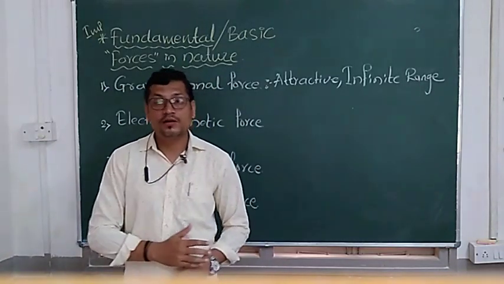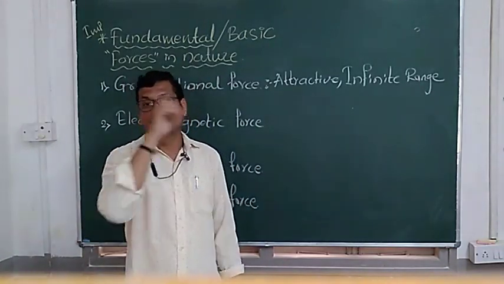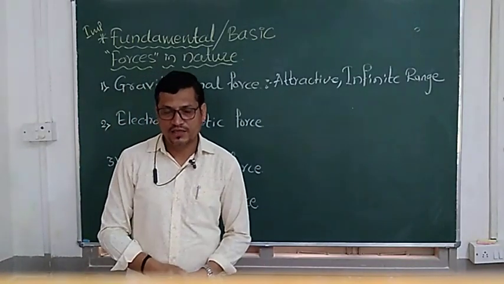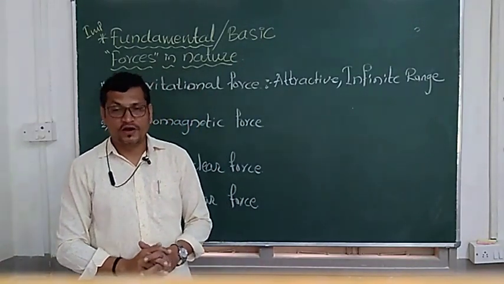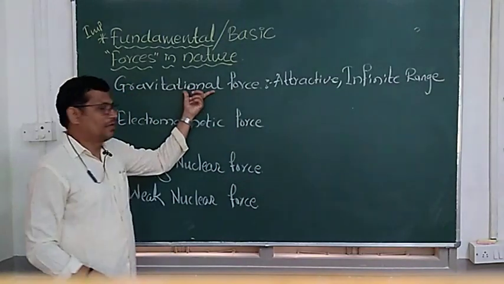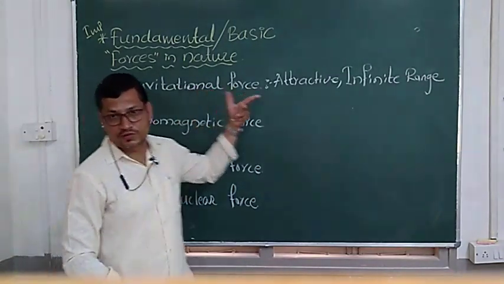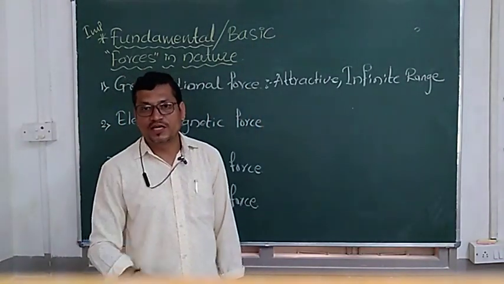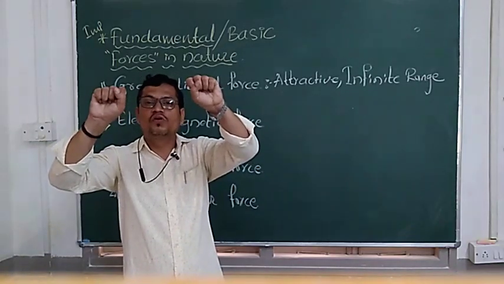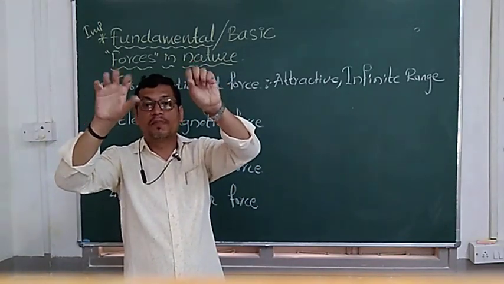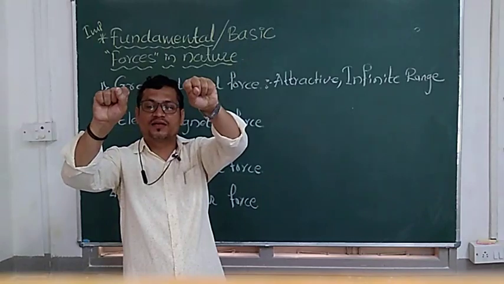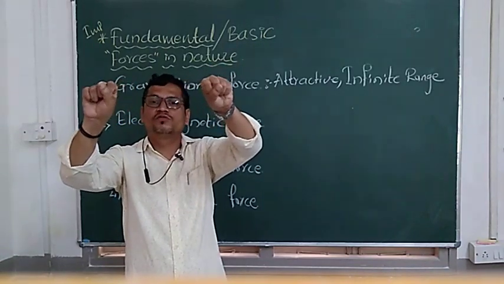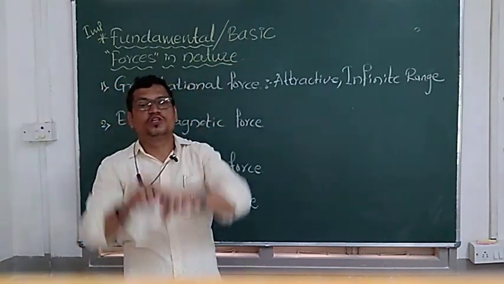The planets revolving around the sun are revolving because of gravitational force. This force takes place between two objects or two masses. If two masses are there, they attract each other.